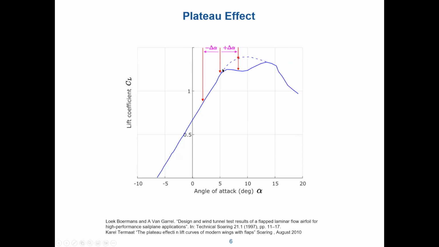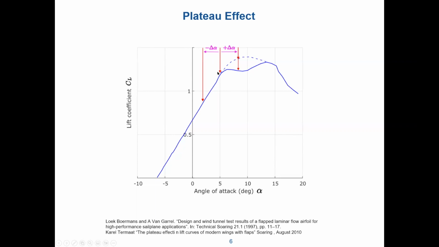So let us assume this is the point of operation on the average. We have positive changes due to a positive gust, and we have negative ones. Now, it's important to understand, even if these changes occur equally probable, as many positive as negative, the effect is an additional sink rate.